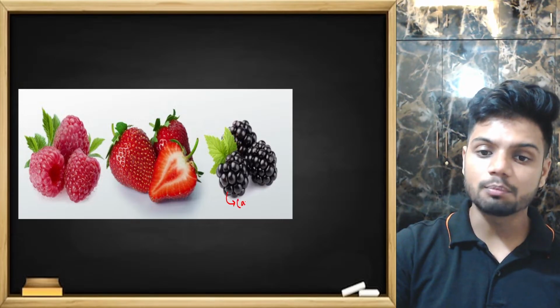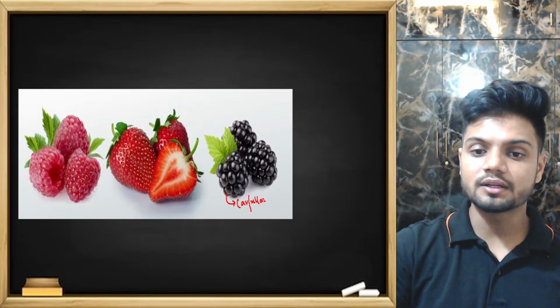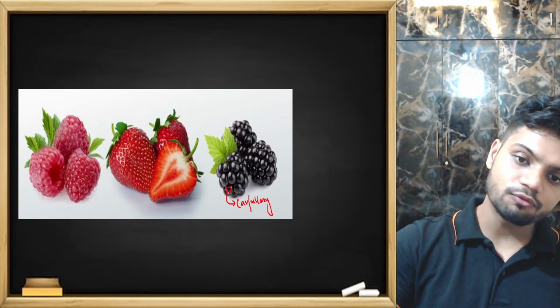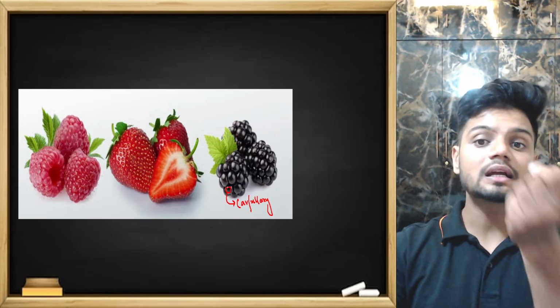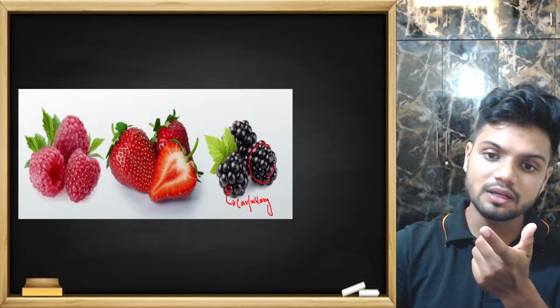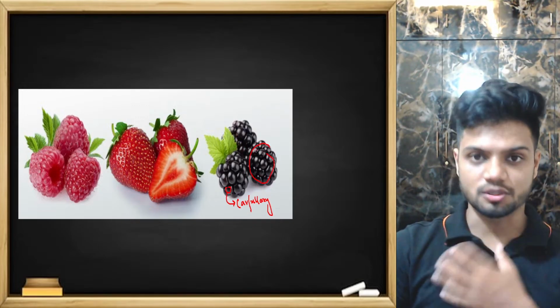In the case of raspberry, strawberry, or blueberry, can you see each individual blob here? Each one is developing from a carpel, a multicarpellary condition. So each one is a fruitlet developing from a single carpel, from multiple carpels in an apocarpous condition.